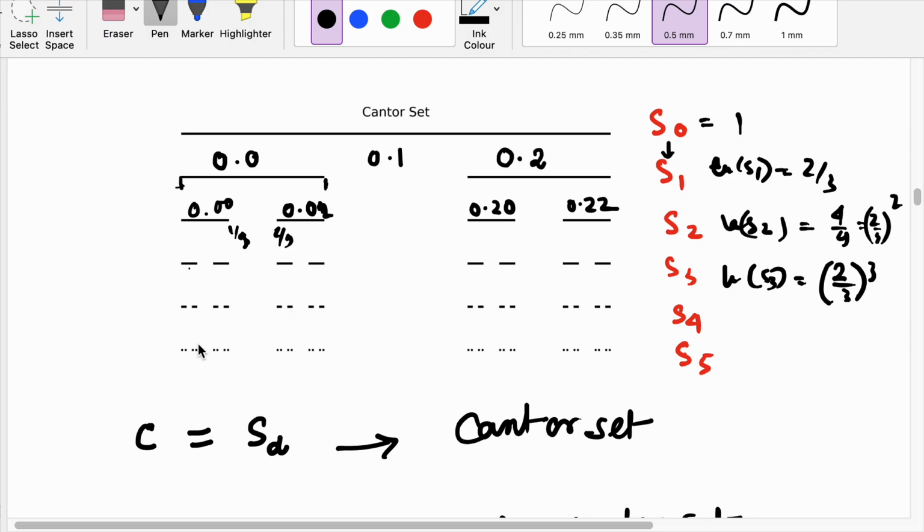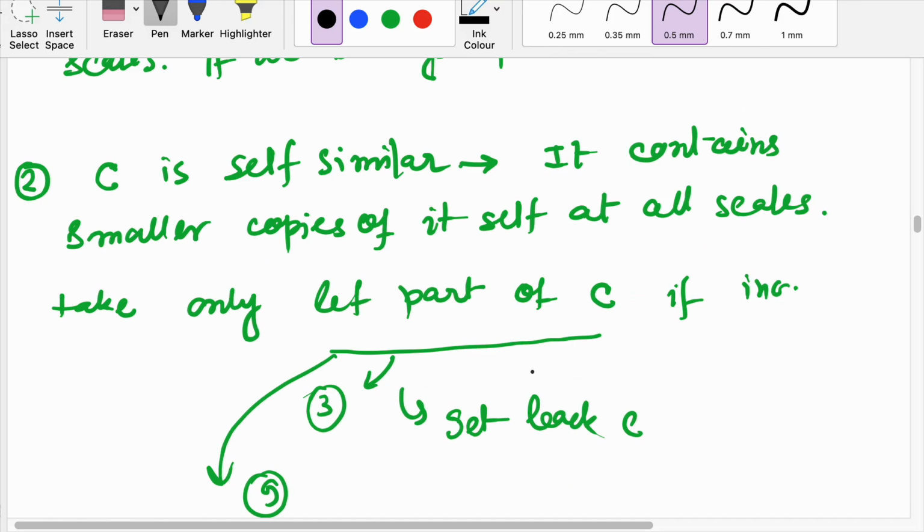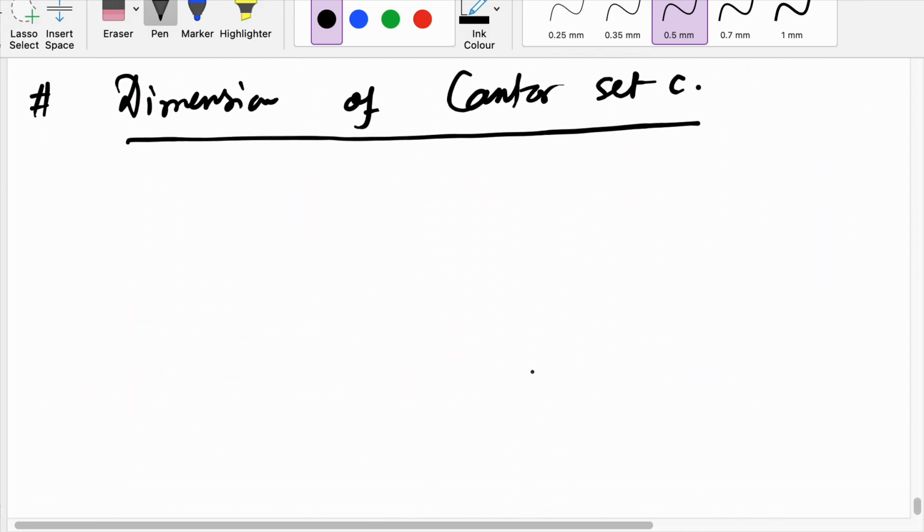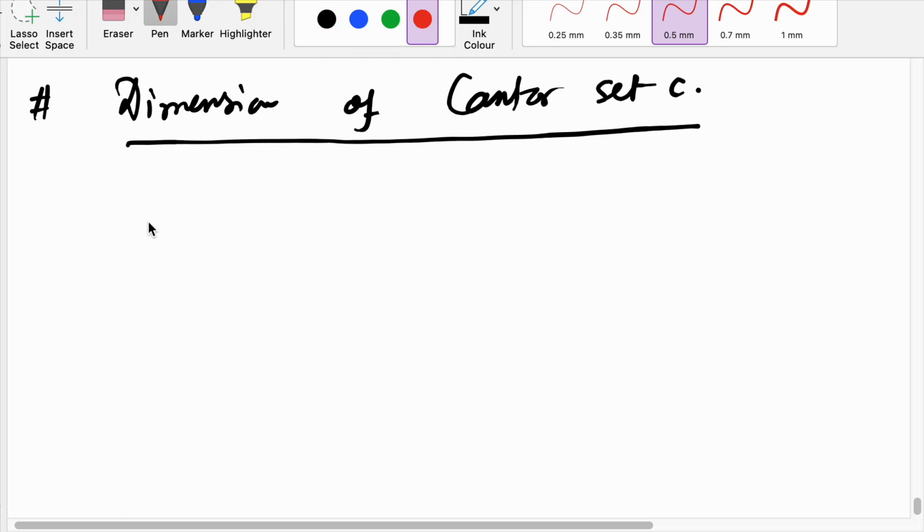If you reduce any part of the contour set by a factor of 3, you need 2 copies of that reduced part to fill the whole space.